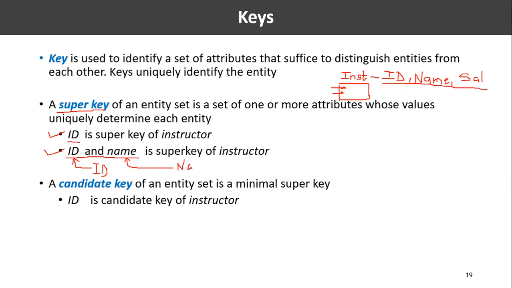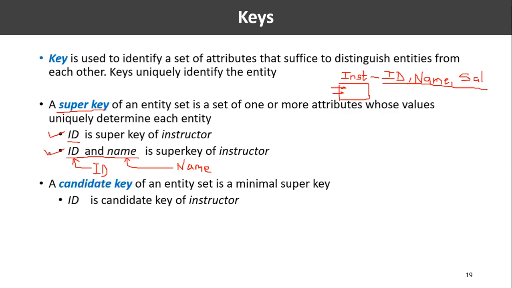Now if I am having these two proper subsets, what I need to find out is whether any of these proper subsets can form the super key, meaning any of these subsets can be used individually to distinguish two entities.